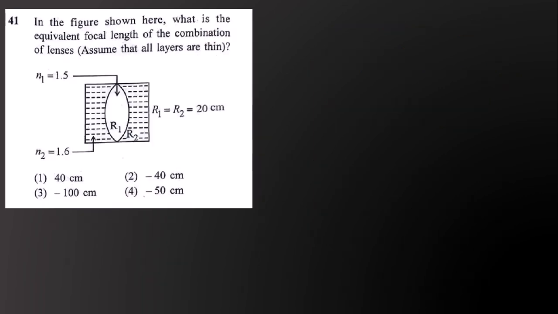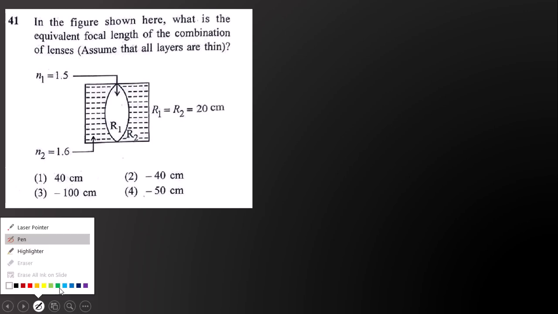Let's move on. So in this question, there's a combination of lenses. According to the question, two plano concave lenses basically sandwich one convex lens according to the description given. And we are supposed to calculate the equivalent focal length of this combination.